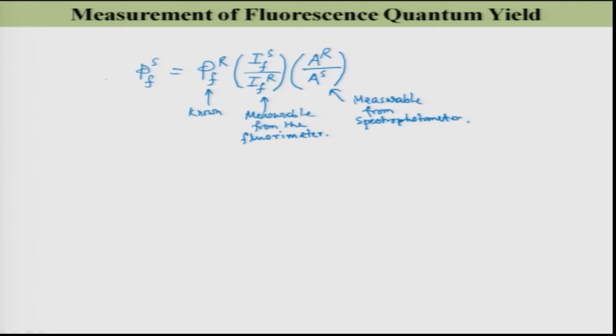So, what you will get is the fluorescence quantum yield of your sample.